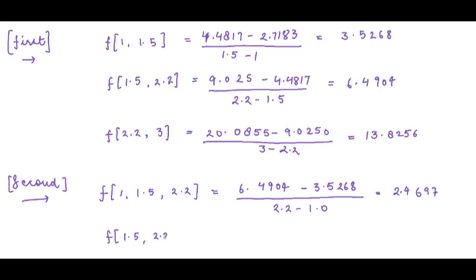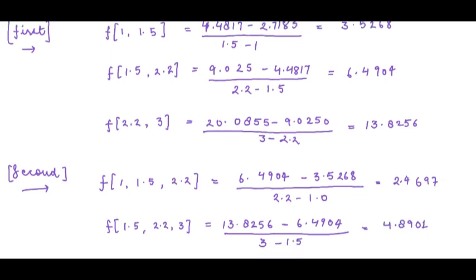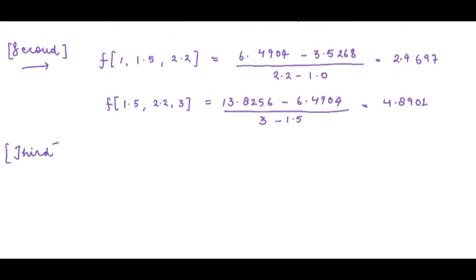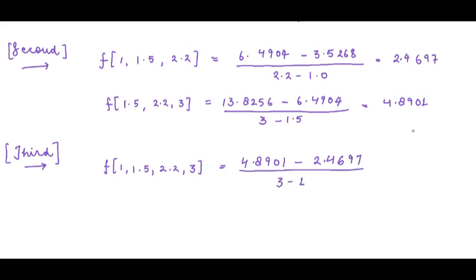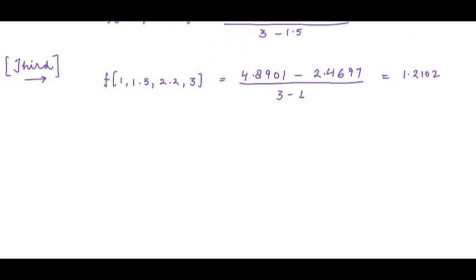Next, f[1.5, 2.2, 3] is (13.8256 minus 6.4904) divided by (3 minus 1.5), which is 4.8901. And hence the third divided difference, f[1, 1.5, 2.2, 3], is (4.8901 minus 2.4697) divided by (3 minus 1), and gives 1.2102.